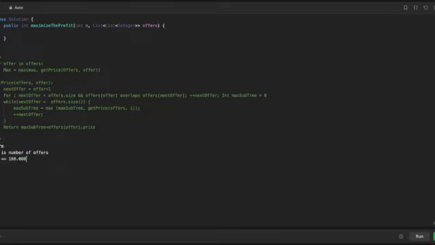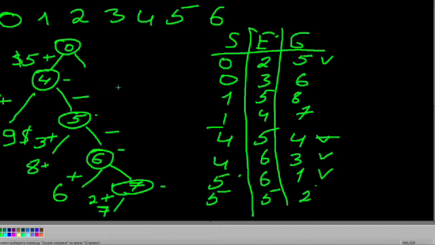So let's consider the problem again and see what we can optimize about it. In this case, let's say we chose 0, right? Then we have 5, 6, 7.